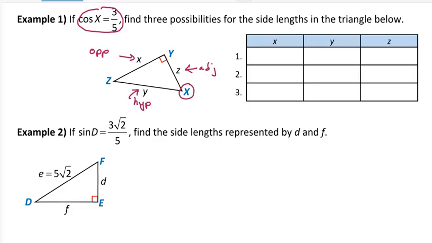So cosine is the ratio of the adjacent to the hypotenuse. So that means that our adjacent side, z, could be 3, and y, our hypotenuse, could be 5.